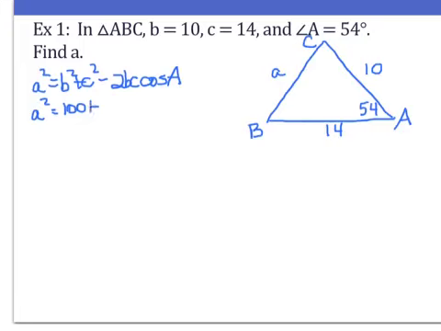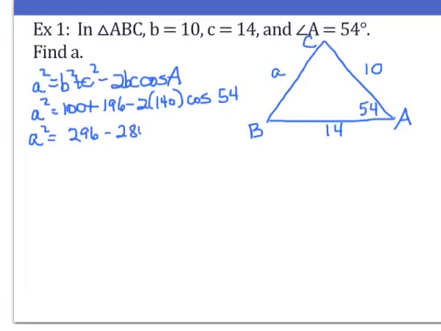I'm going to square 14, and that's 196. And then 2 times B times C, so those two sides multiplied together are 140. And then cosine 54. So I'm going to simplify a little bit, add these two numbers together, multiply 2 and 140.